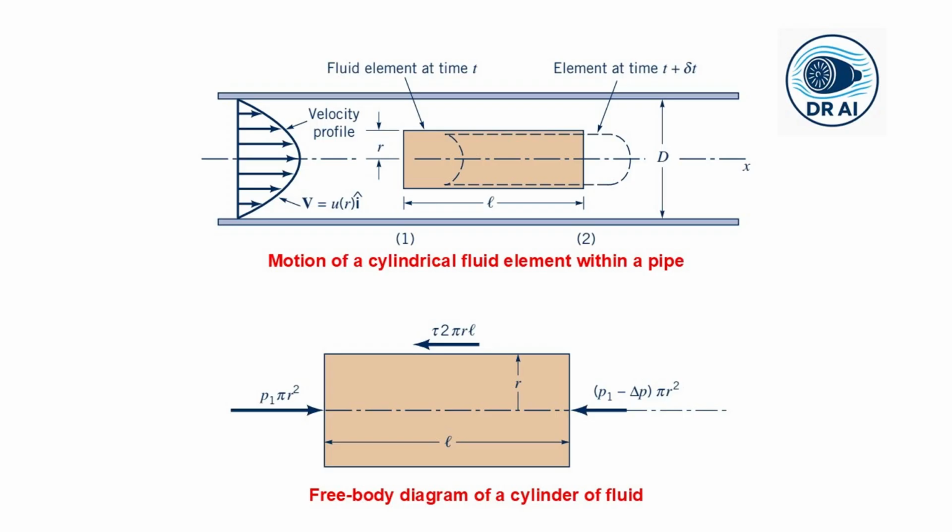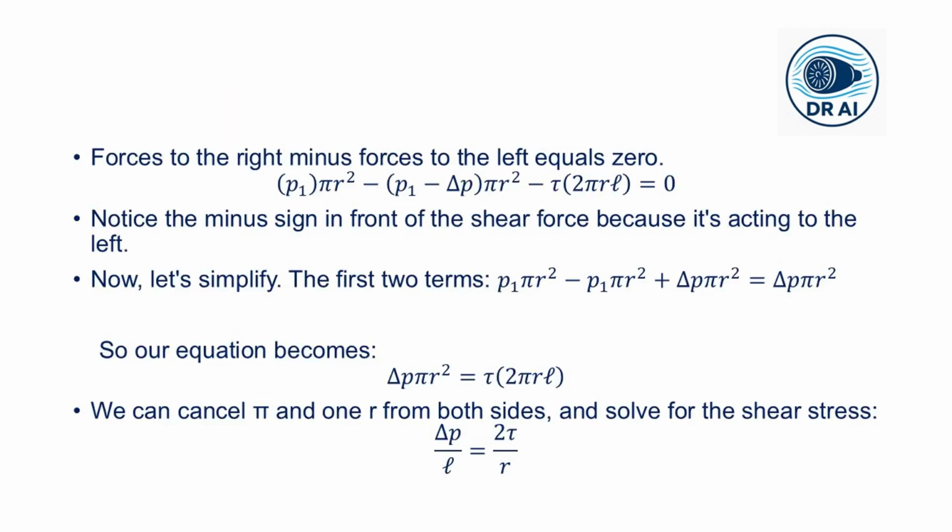Now here is the key assumption for a fully developed flow, that the fluid is not accelerating. It is moving at a constant velocity. This is the point made in the following derivations, which also dictates that the sum of the forces in the x direction must equal zero.